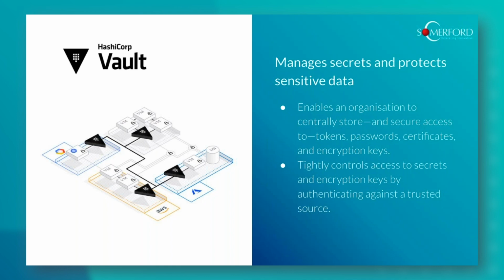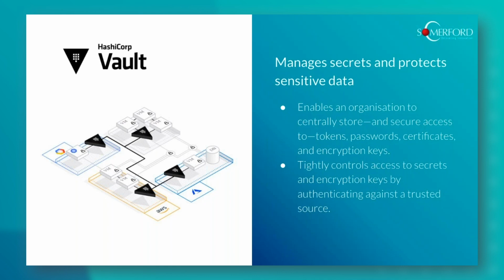And again, talking about enterprise scale, it can work with data center replication and disaster recovery. Once you get into the enterprise version, Vault is very, very robust in that space.